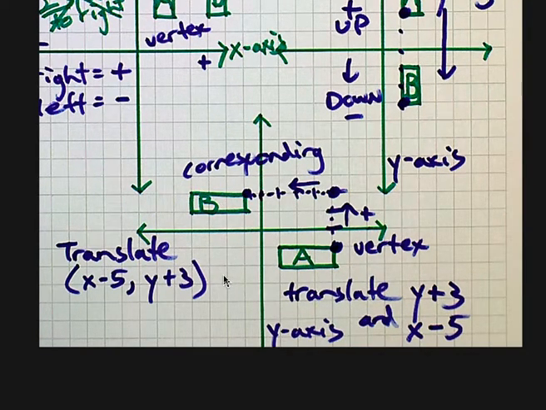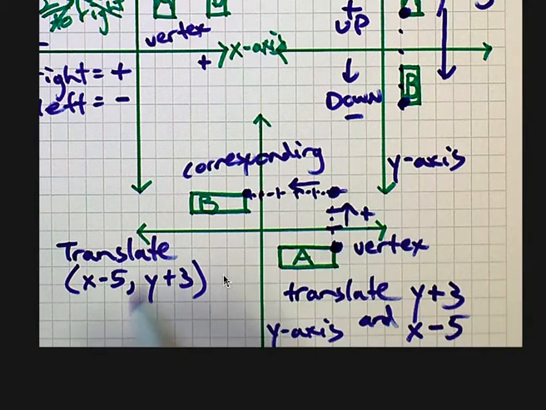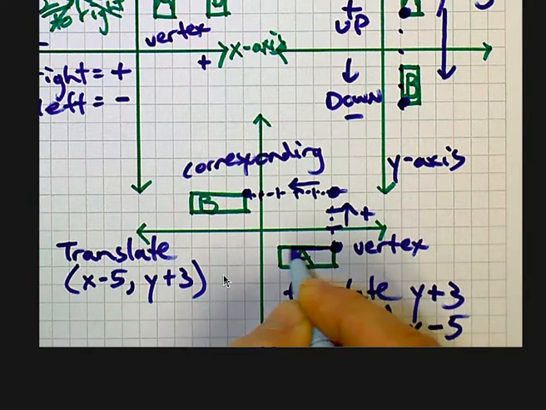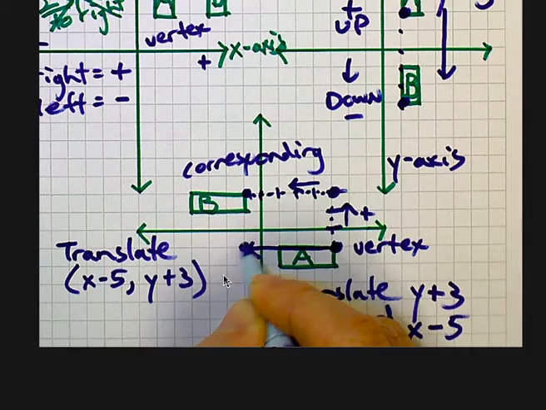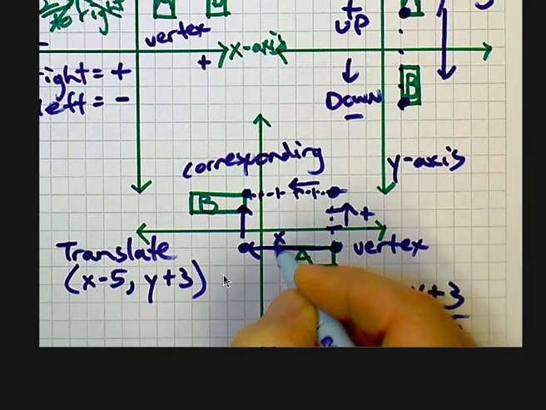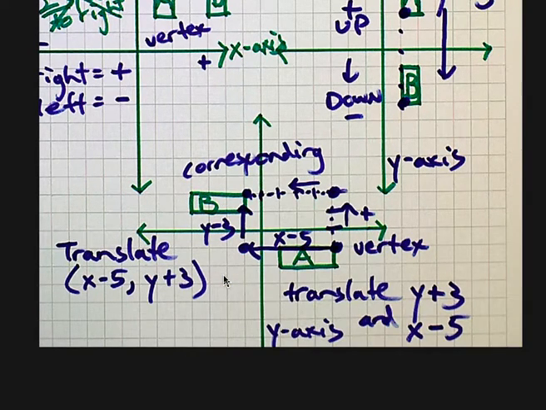Now here's something that may come up, which is, what if I go x minus 5 first, and then y plus 3? Well, obviously you end up in the same place. So you got to make a choice.